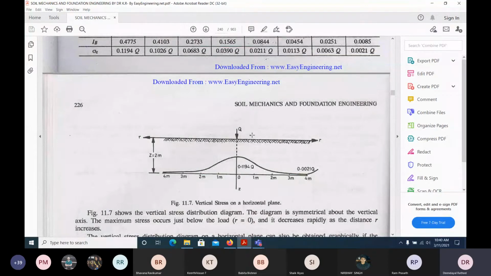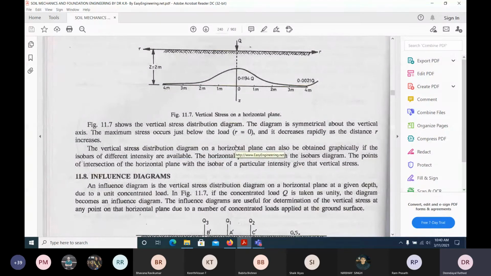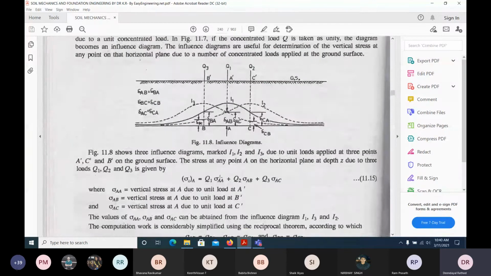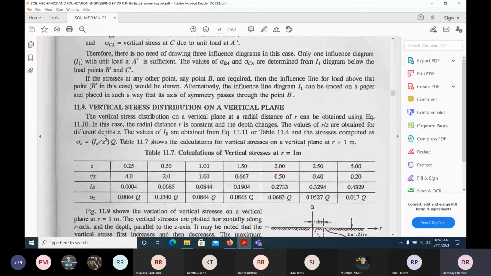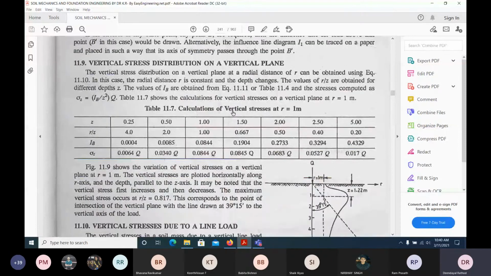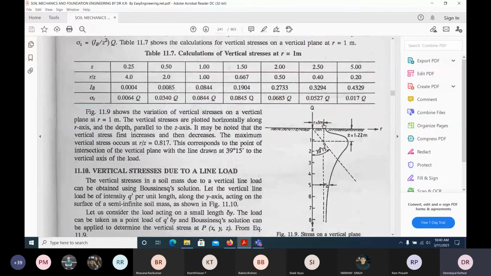We can also calculate the vertical distribution, how it looks in the vertical. Different loads, how we can plot it, is given here. In this formula, for the calculation of vertical stress at a distance r equal to 1, I am changing the depth: 1, 2, 3, 4, 5, 6, 7, 8.